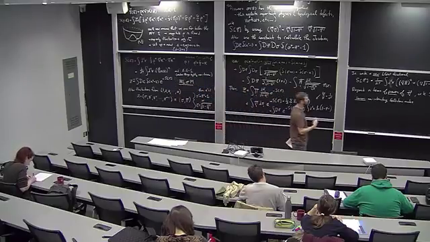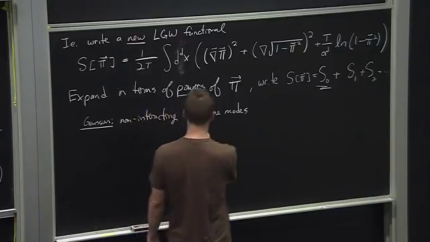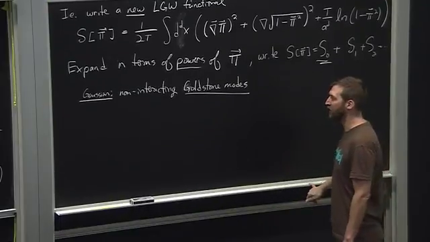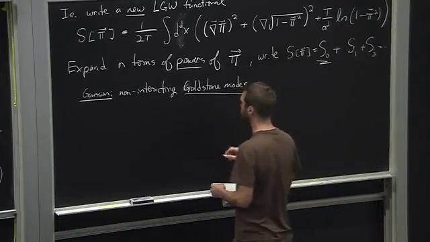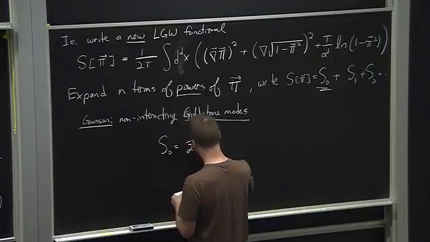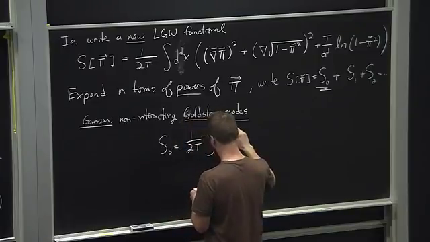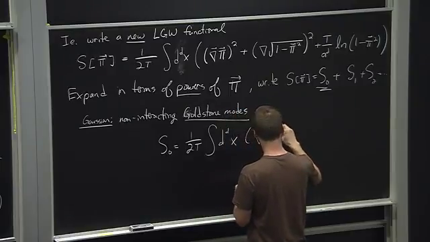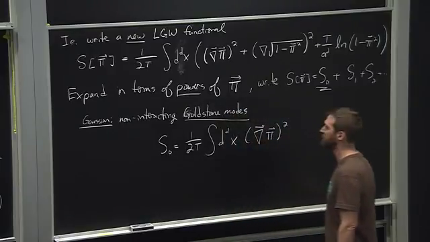So the non-interacting piece is a theory of non-interacting Goldstone modes, which is really what pi is. So non-interactions in that field. Right, and that one's simple. The only term we have is that.